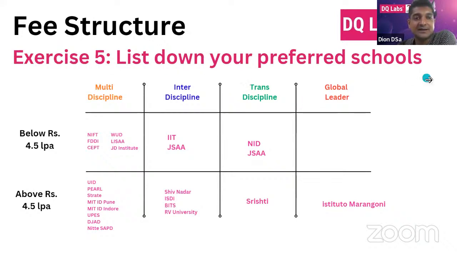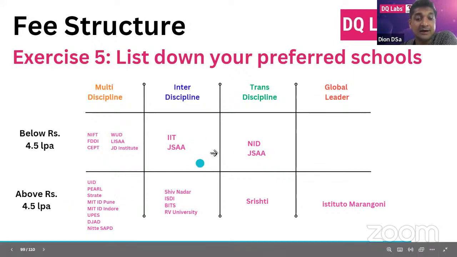So this is an exercise for those of you who'd like. If you are considering the schools below 4.5 lakhs, you have, of course, the NIDs, the FTDI, CEPT, IITs, Jindal. And if you see, Jindal is in both interdisciplinary as well as transdisciplinary, so you can consider that.